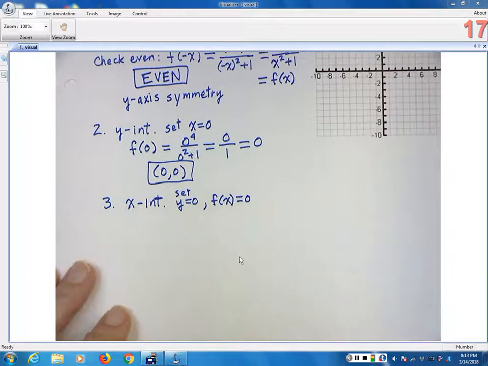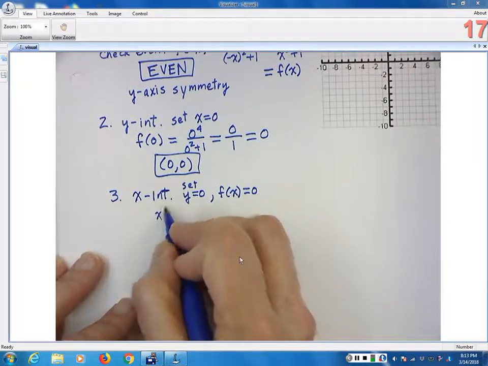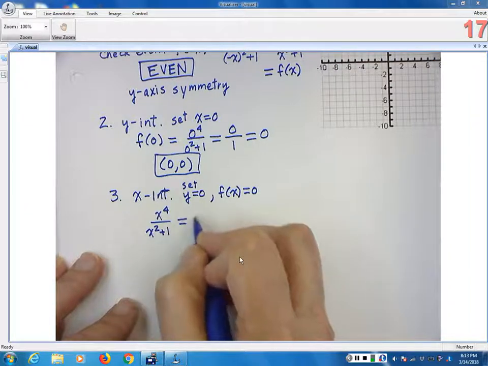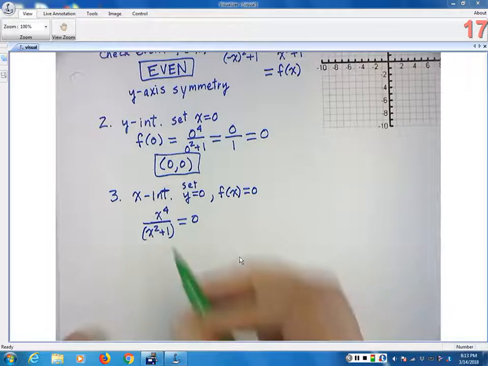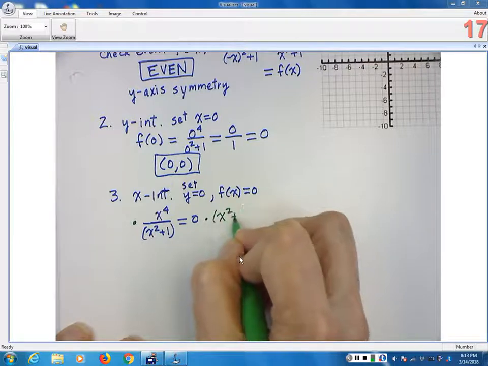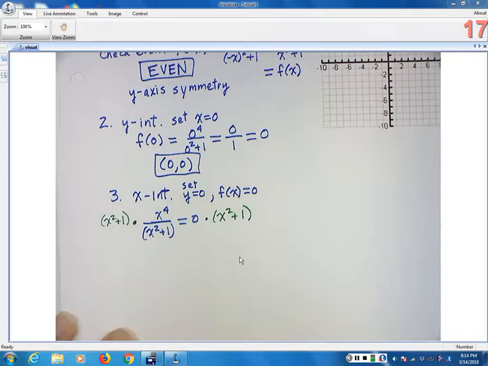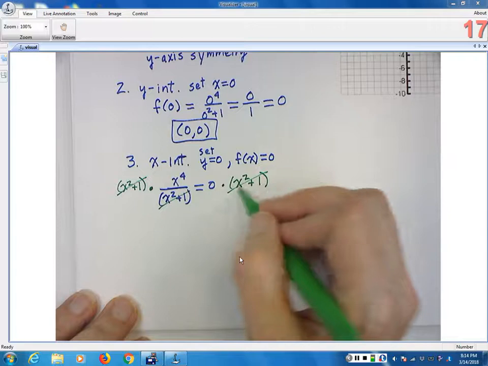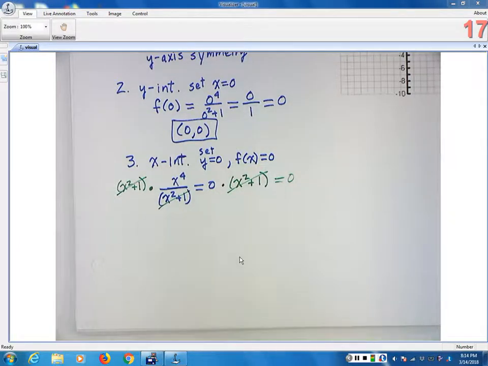Let me show you that if you can't remember to set the numerator to 0, if you set all of f of x to 0, you can actually multiply through by the denominator and that cancels out. Oh, and 0 times anything is 0. That's why I'm crossing it out.